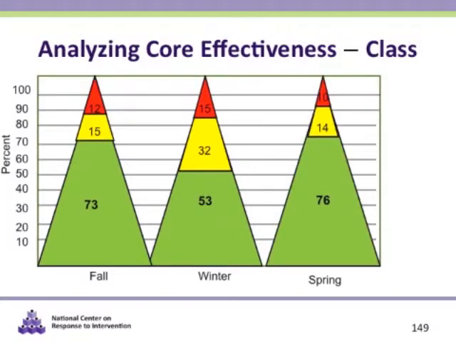Now, because we see this and we've analyzed the data quite quickly after getting our winter benchmark, as a team we would probably decide to change what's happening in our class or our grade level. And what we end up getting is that we do see an improvement in overall scores. The data indicated a change in performance among students from 53% to 76%.